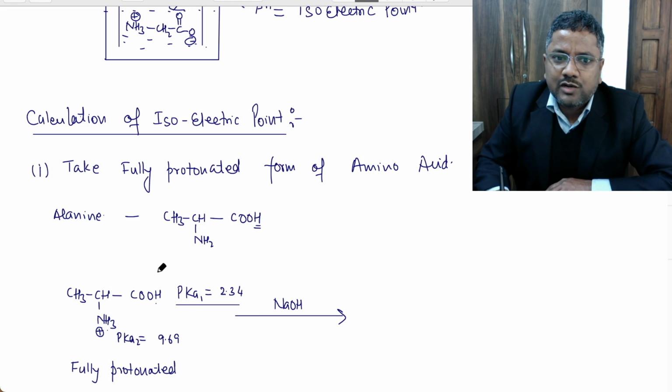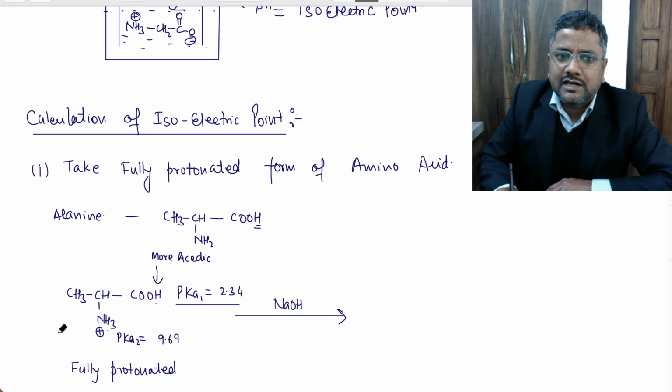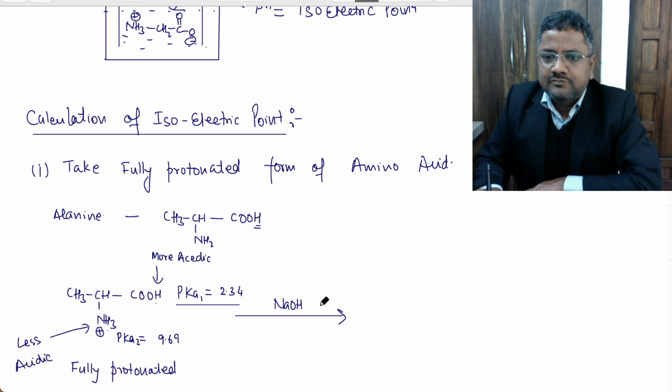Obviously, this is more acidic. pKa1 is less, so this is more acidic, and this is the less acidic proton. So what will happen when you are adding this NaOH drop by drop to this solution?